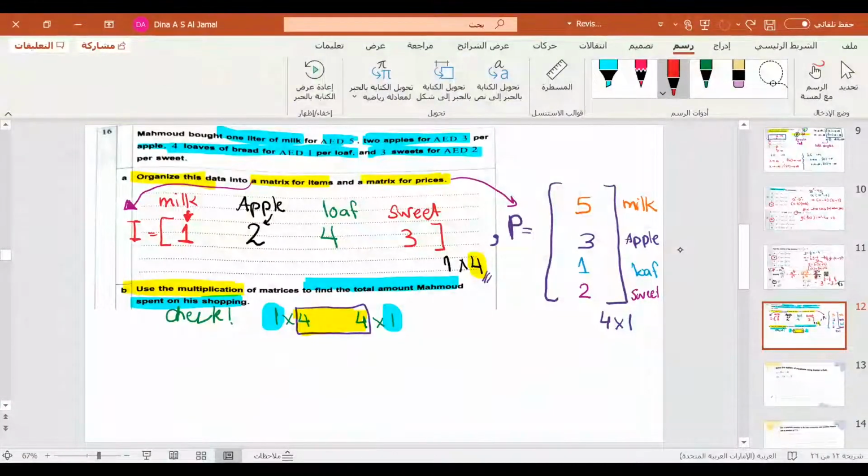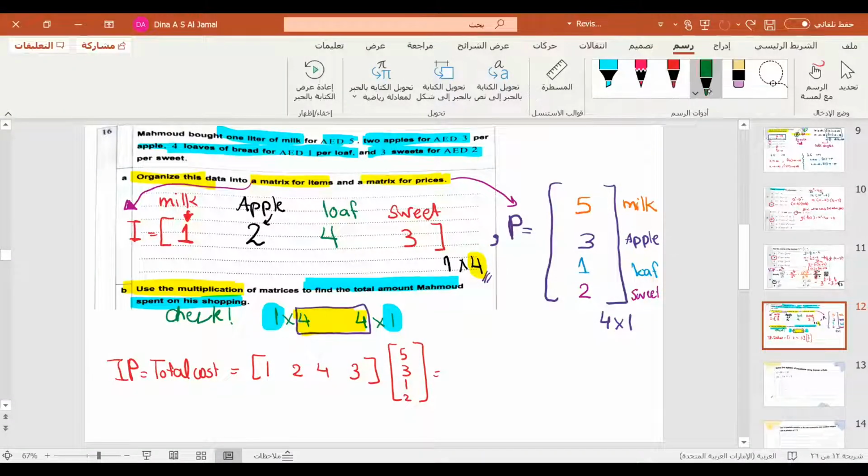So let's perform the multiplication IP, which will show you the total cost. 1, 2, 4, 3. 5, 3, 1, 2.